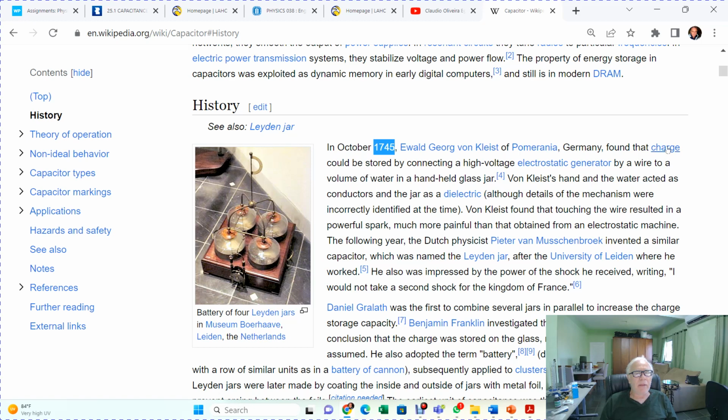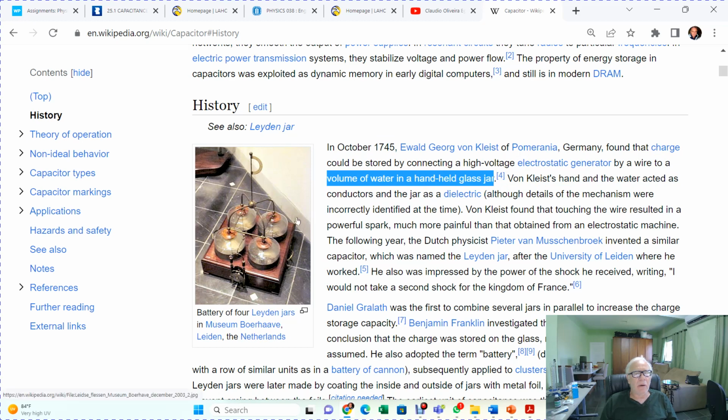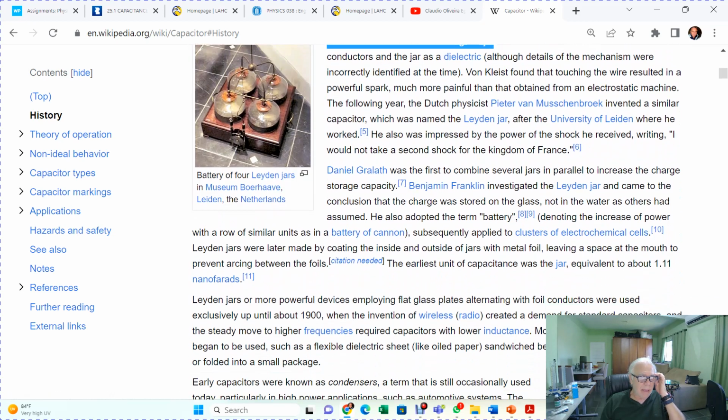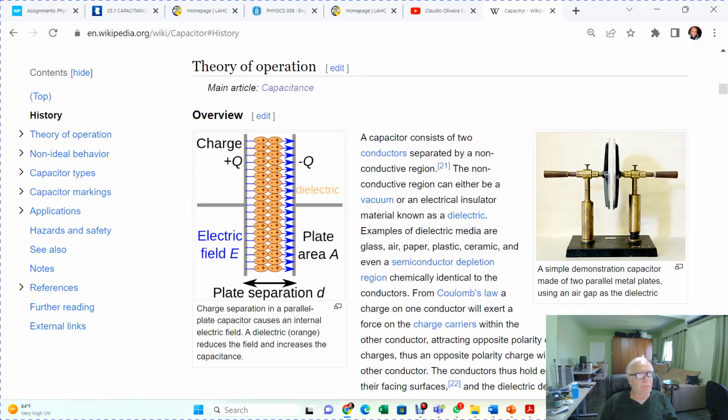He found that charge could be stored by connecting a high voltage electrostatic generator by a wire to a volume of water in a handheld glass jar. Okay, just not exactly the capacitor that we have today, but it's close enough.